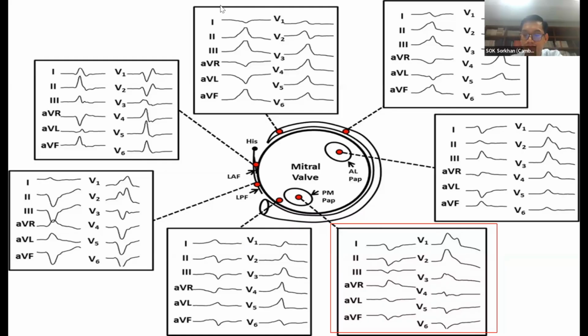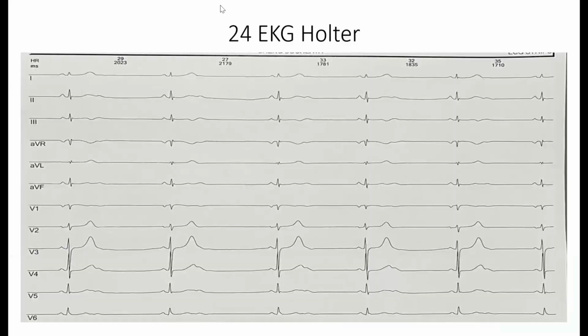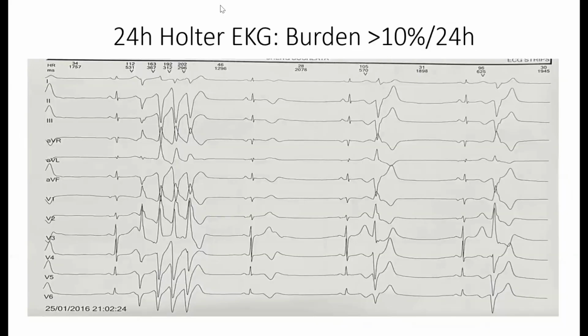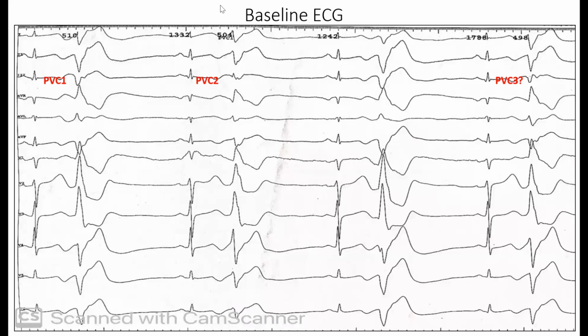Go down the case. The reason for the double approach is that when you're dealing with such variable conduction and different axes manifesting in the QRS complexes, you're not sure where this is coming from. I like to have a second mapping catheter in the left ventricle, especially when you have no 3D, so you have a good idea where you're heading.